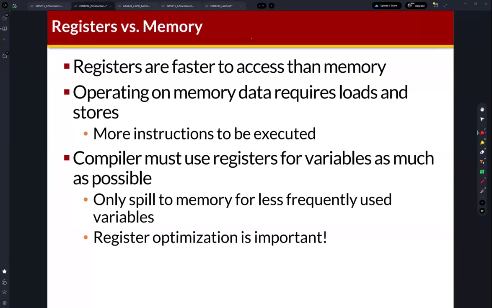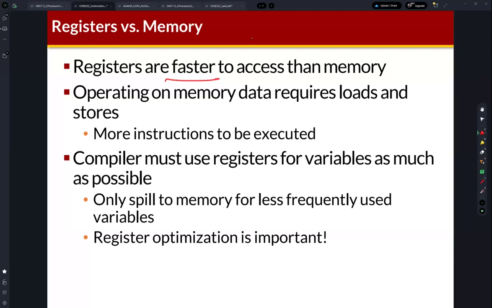Okay, so register versus memory. We can compare the register and memory. Registers are faster. As I mentioned, the size of a register is very small, and if the size is small, then it's faster. That's why processors include registers, and most instructions, like arithmetic instructions, logical instructions, and also control instructions, access data in registers.